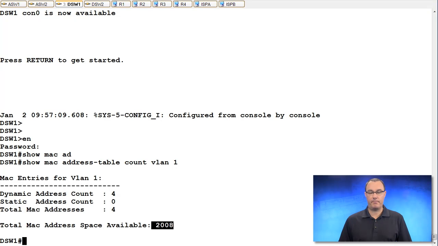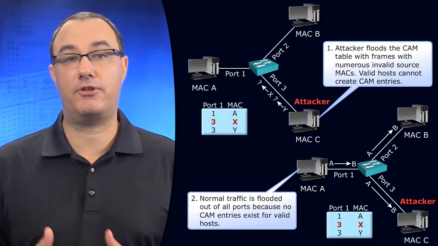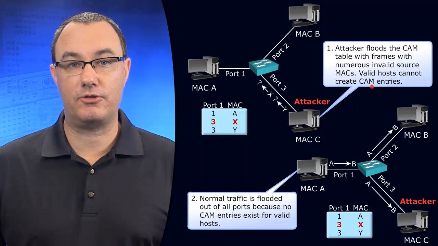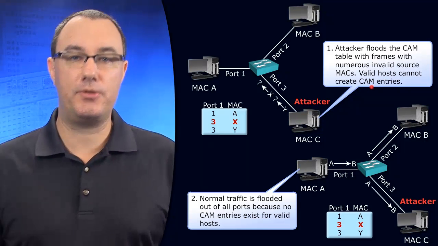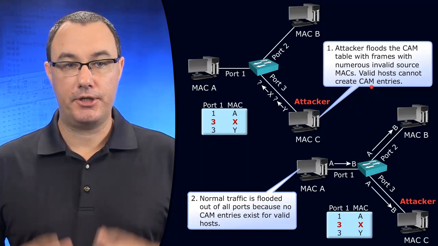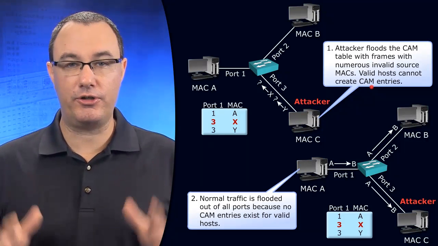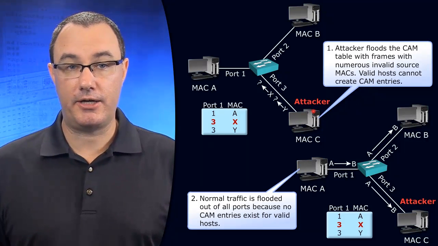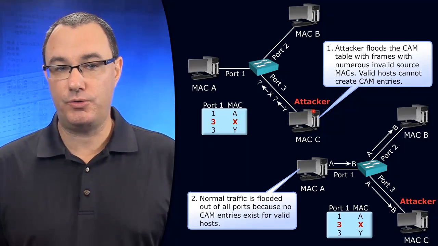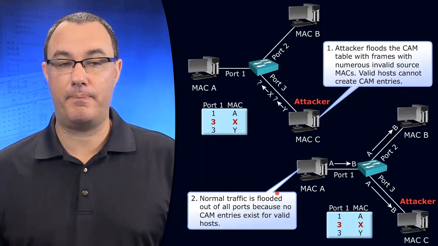What's the concern there? Well, a switch forwards based on sending out the correct destination port, and it knows the correct destination port because it builds an awareness of where MAC addresses are. It ceases to be able to do that effectively when the CAM table or MAC address table is saturated. It's filled up. And so an attacker here can fill up the MAC address table, trying to get traffic flooded down to them.